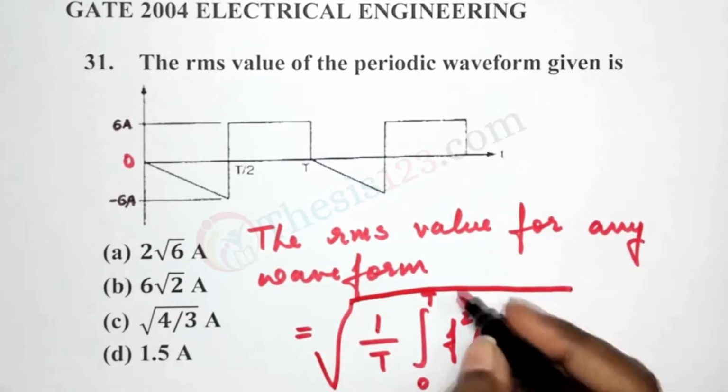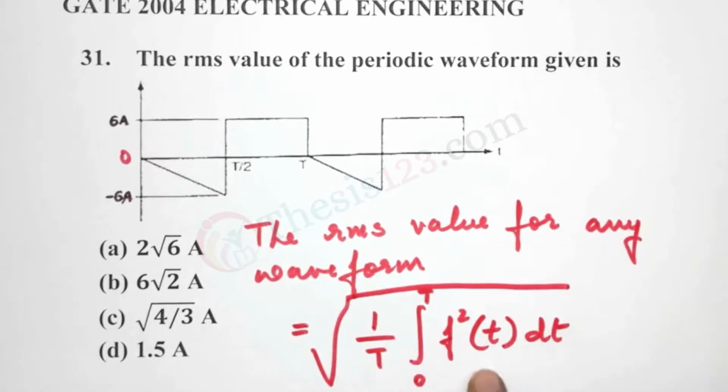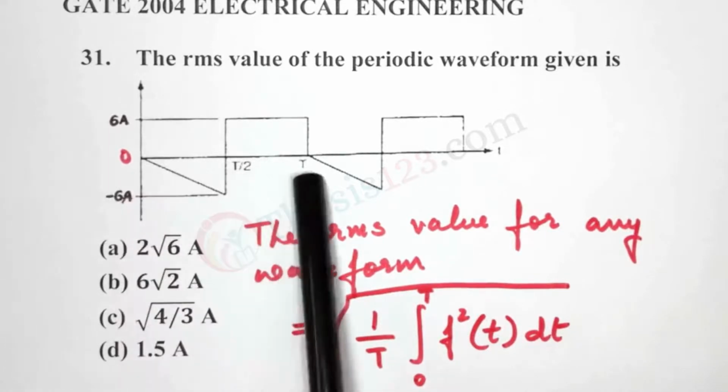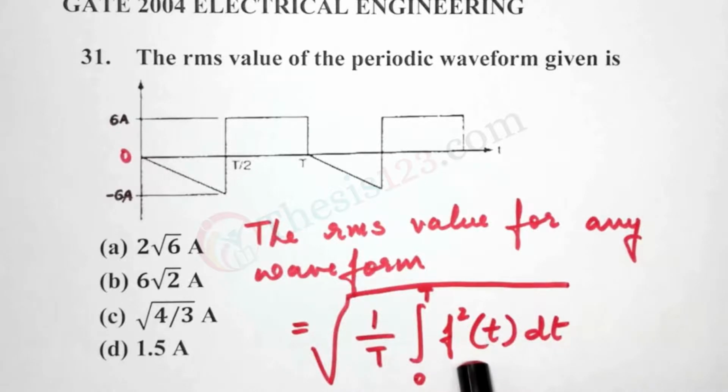I hope that is clear. So this is the RMS value for any waveform. We will have to first here find out the function f of t. Now we have the entire time period as 0 to t. So 0 to t and 1 by t is the same for this problem. But we now have to find out the function f of t.